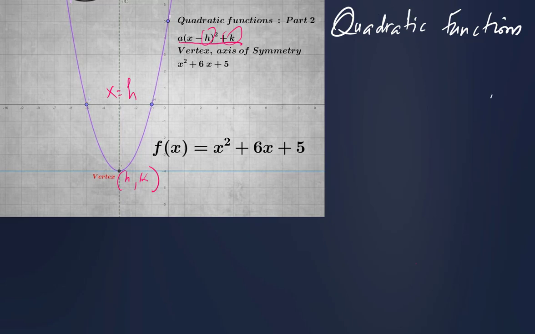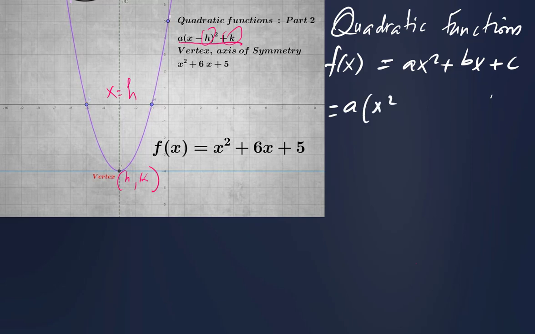If we look at a quadratic function, f(x) is equal to ax squared plus bx plus c, let's try to do some factoring here. We can say it is equal to a factoring x squared plus b over a x, and we isolate the c.